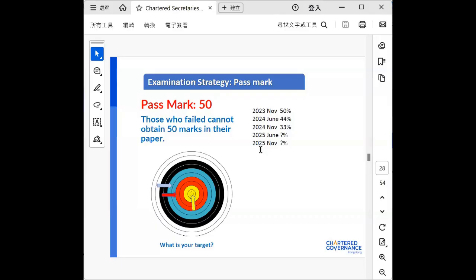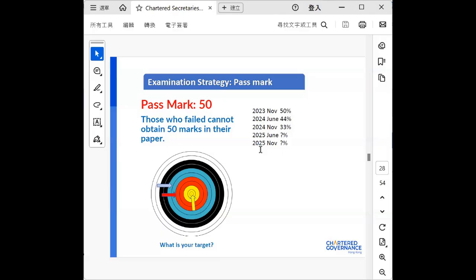Well, the latest figure for June 2025 is 50%, so it rises again. Now, my question is, how can you ensure that you can get 50 marks in your examinations? Because if you can't get your 50 marks, then probably you will fail.